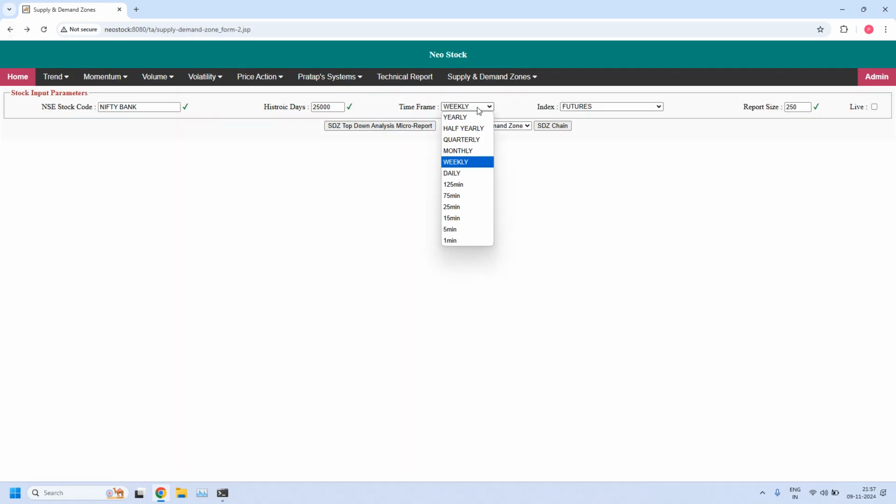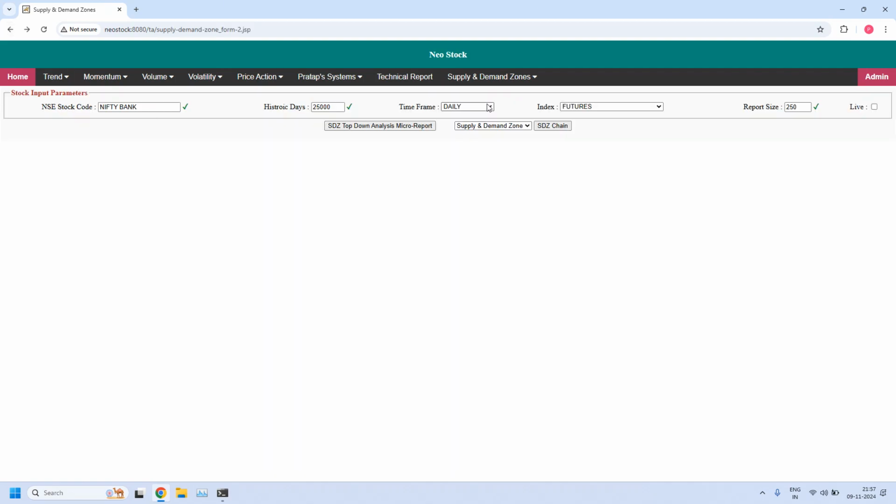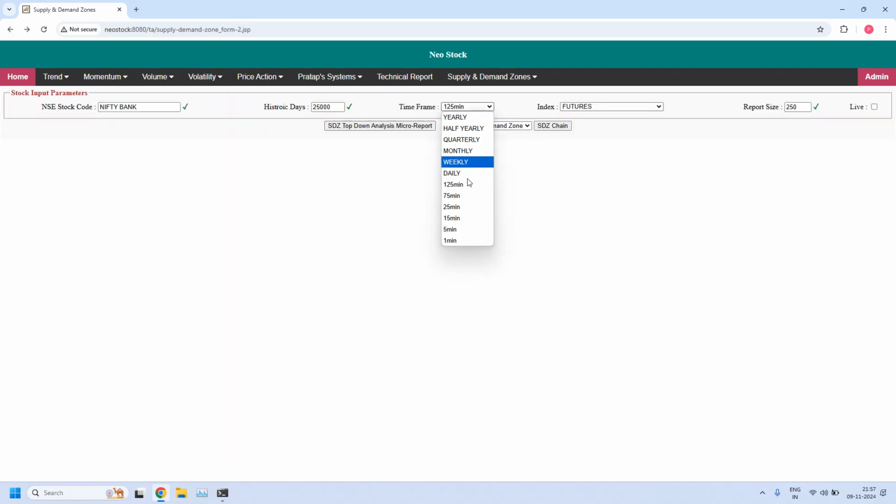Next, daily supply demand zone chain. Next, 125 minute supply demand zone chain. Next, 75 minute supply demand zone chain.